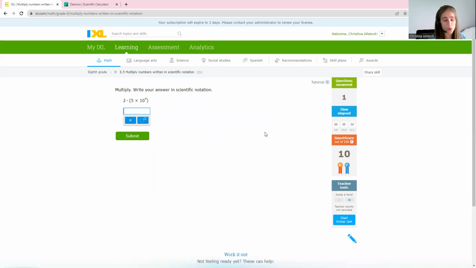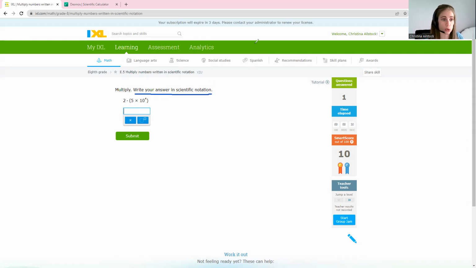All right, some of these questions are going to be the same type, only instead of it being multiple choice, you're going to have to plug your answer in. So we'll do this one as well, so we can make sure you know how to use those buttons in IXL. So we're being asked to multiply 2 times 5 and 10 to the 4th. And the directions tell us that we need to write our number in scientific notation.